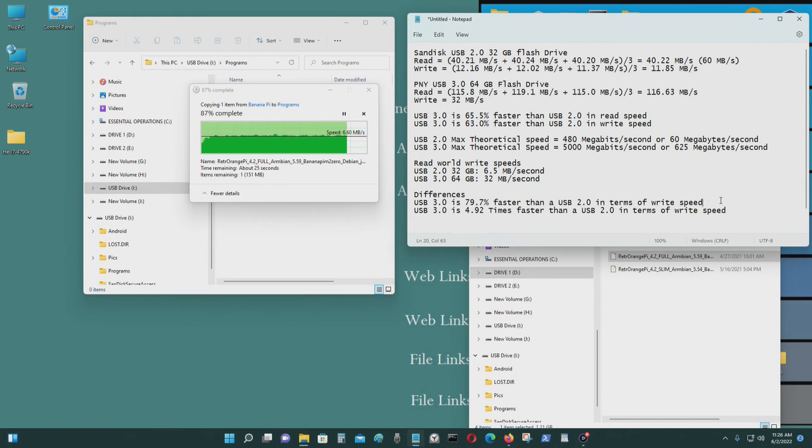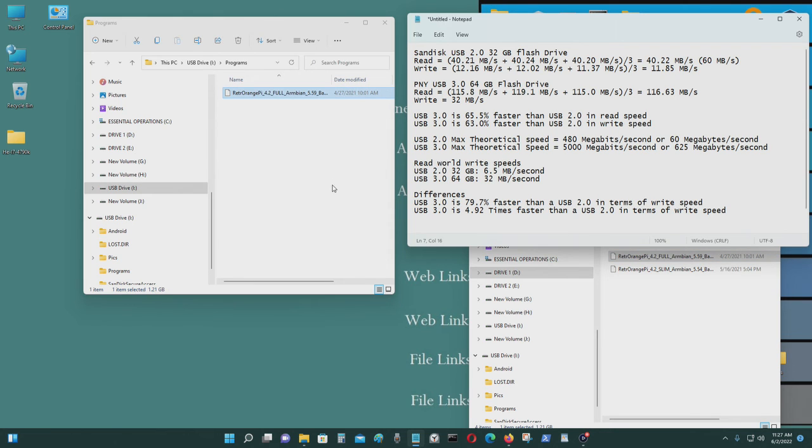So you could have a USB 2.0 flash drive which is faster, which could write and read faster. Well, it probably couldn't write any faster than 60 megabytes because that's the maximum bandwidth. It's very close to that, right?